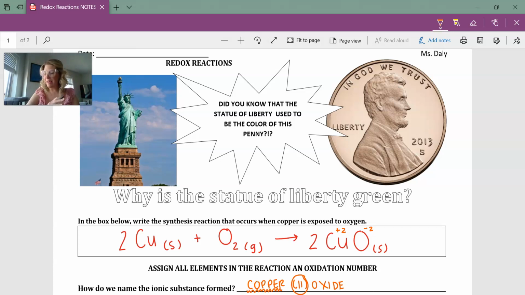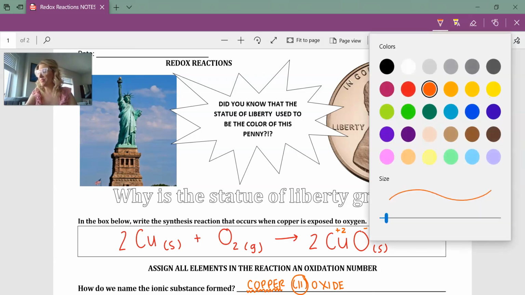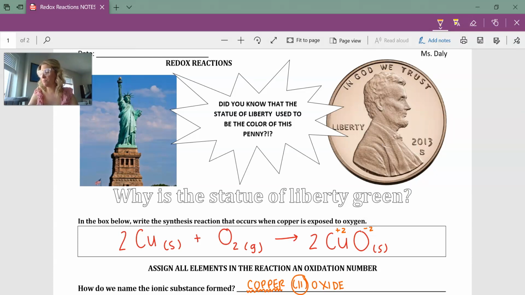So let's go ahead and assign all of our elements an oxidation number. We've already gone through and done our compound, copper the 2+, the oxygen the 2-. And all we're left with here is elemental copper and elemental oxygen. As a review from our oxidation numbers, remember an oxidation number represents the number of electrons lost or gained in that current species.